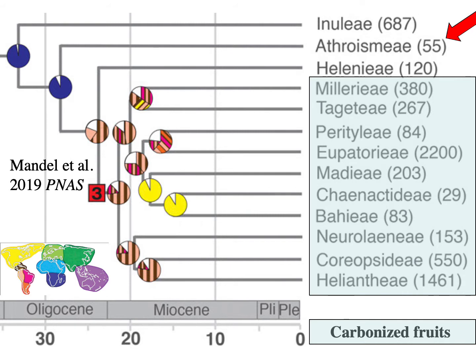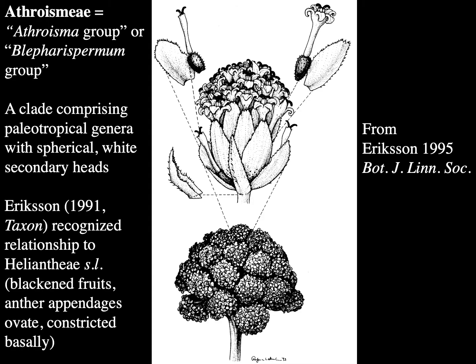And carbonized fruits then are characteristic of the vast majority, one large clade within the Helianthe Alliance, exclusive of the Heliantheae. And within Athroismae, we have variation for presence or absence of carbonized fruits. So I'm just going to briefly show you an example of the tribe Athroismae, this African group.